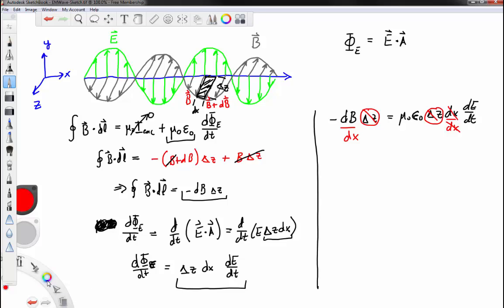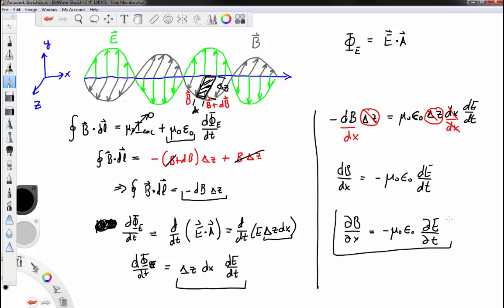And so what we're left with, and maybe we can redistribute the minus sign, is dB by dx is equal to negative mu naught epsilon naught dE by dt. And again, B and E are both functions of x and of t. So this really should be written with partial derivatives: dB by dx is equal to negative mu naught epsilon naught times dE by dt.